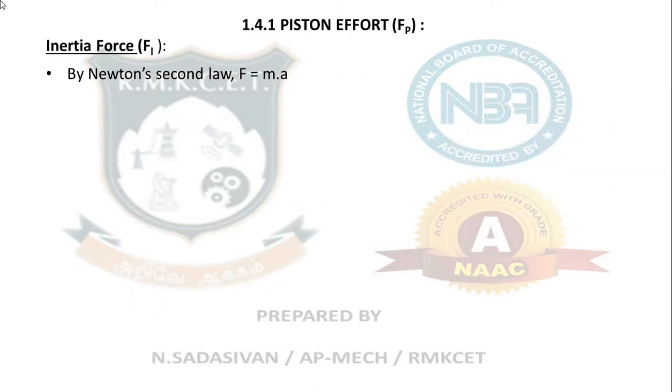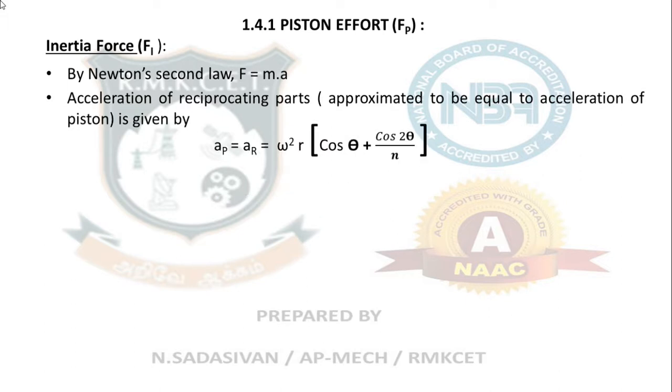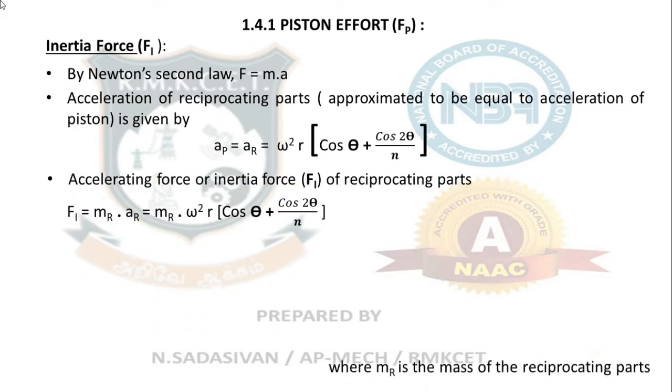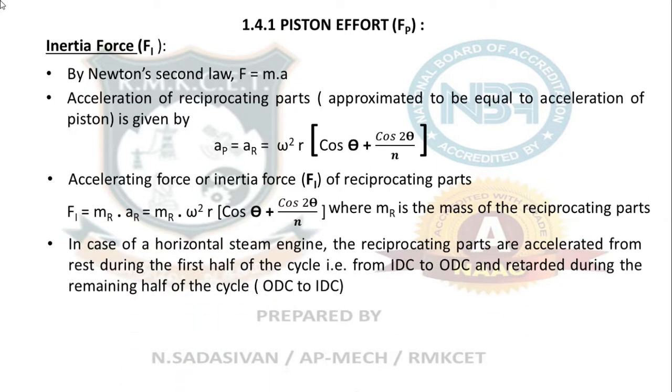Let's keep moving. So therefore what I do, I take this m into r. In case of a horizontal steam engine, the reciprocating parts are accelerated from rest during the first half of the cycle. Now this first half of the cycle means 0 to 90 degree.